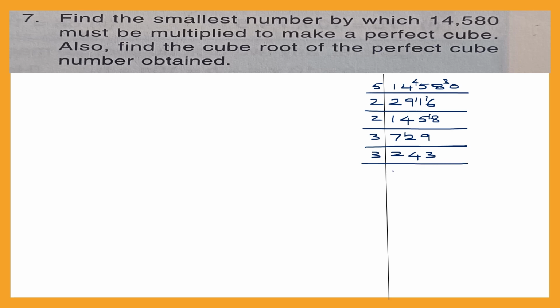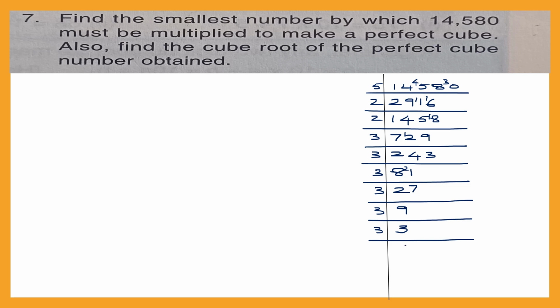Take 24. 3 8s are 24. 3 1s are 3. Continue with 3. 3 2s are 6. There's 2 left, 21. 3 7s are 21. Again with 3. 3 9s are 27. Then we have 3. 3 3s are 9. And then we have 3. 3 1s are 3.